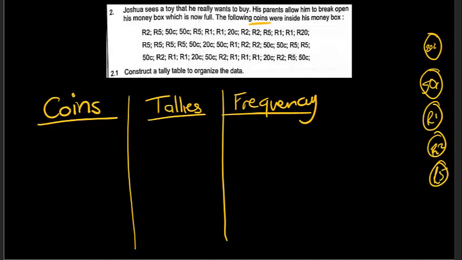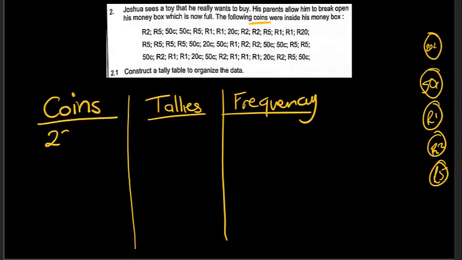This is discrete. So we're going to put 20 cents, 50 cents, 1 rand, 2 rand, 5 rand as the items that we put down as our coins.